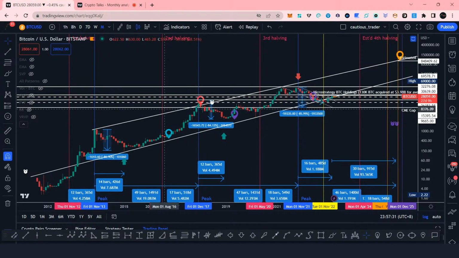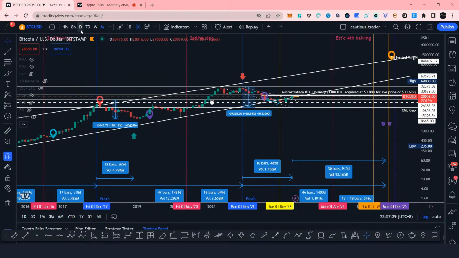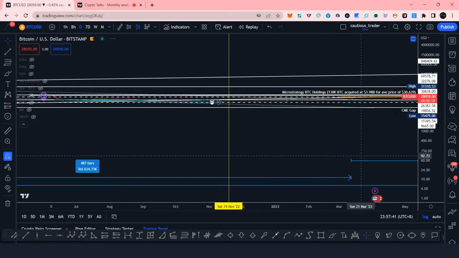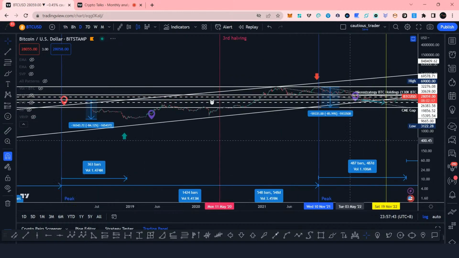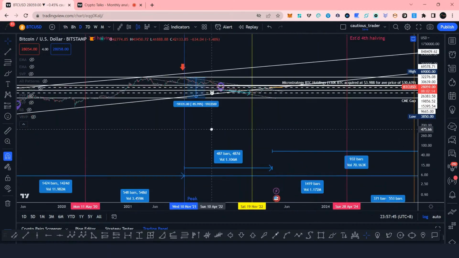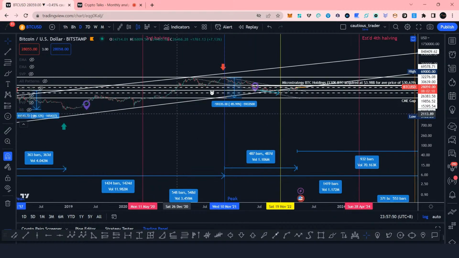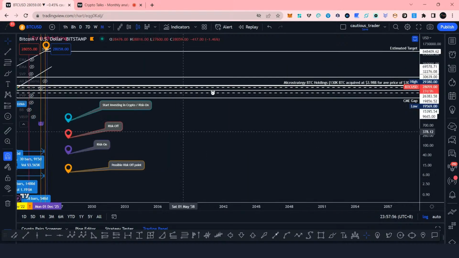This is the first halving, second halving, third, and possibly the fourth around April. Oh, I'm using the monthly, so maybe let's use the daily on that, because around April 28th, 2024 will be the estimated fourth halving. Let's go to the monthly first.